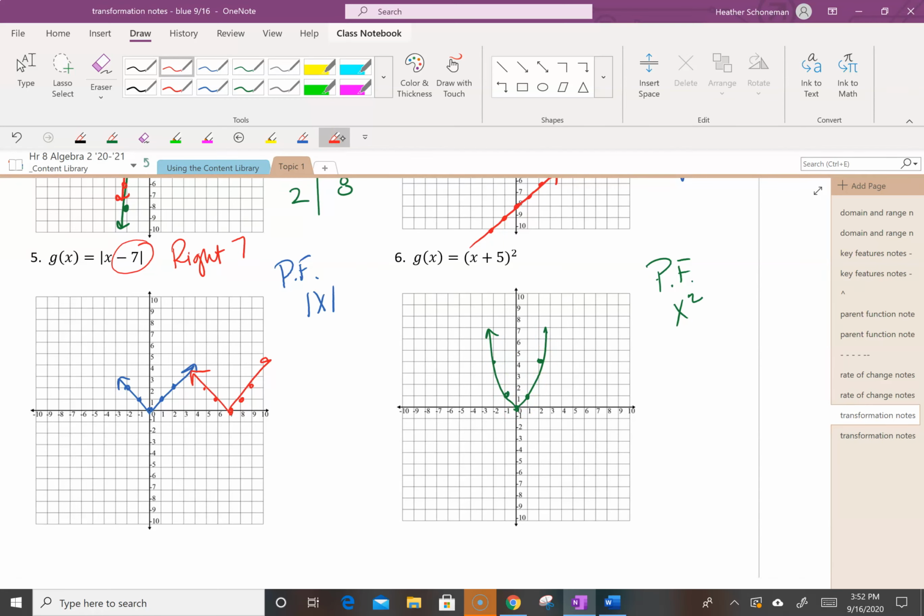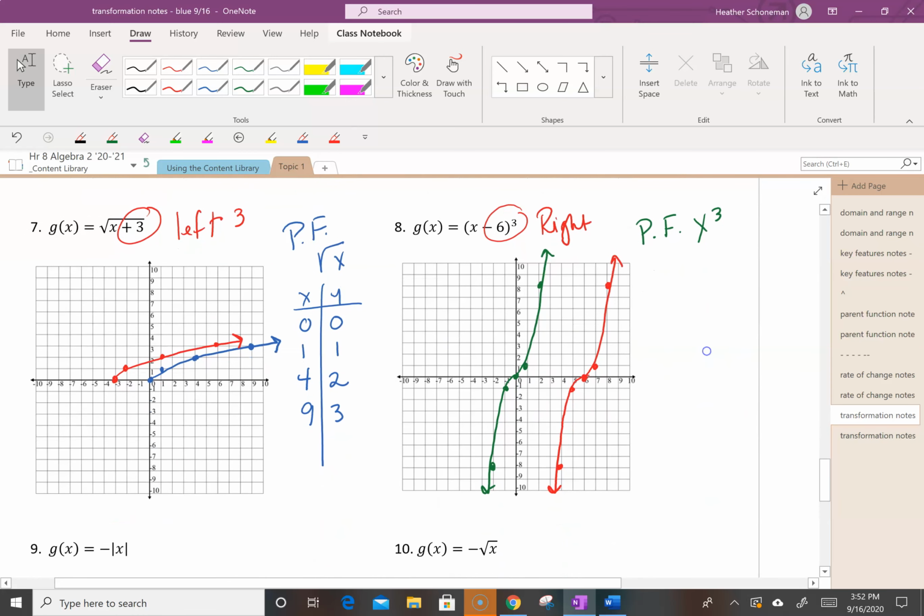Because this +5 is in the parentheses, it tells me that I'm going right and left, and when it's in the parentheses, it's the opposite of what I think. So this one is going to, I started to write the wrong thing, left 5. So I'm going to start over 5 and then move all of those points over.